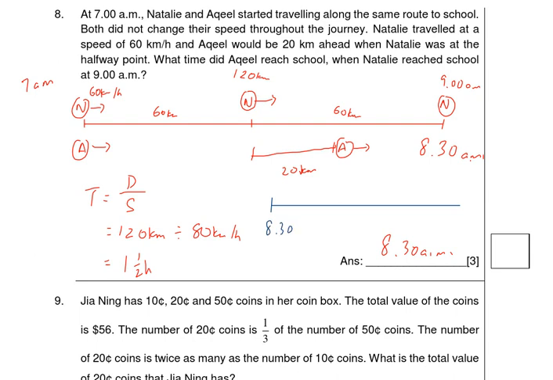Let's say they reach the destination at 8:30. Then you know that they took 1.5 hours to complete the journey. So then they put this as 7 a.m. How can you move towards the right and your time becomes like moving backwards?